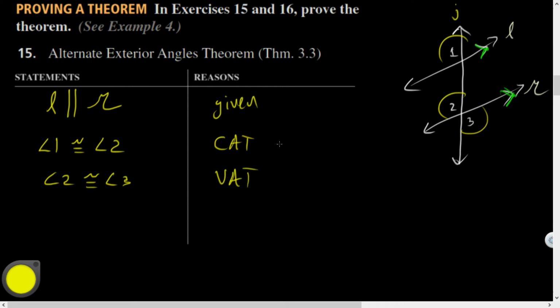And then I think I can now say that angle 1 is congruent to angle 3. Looks like some sort of transitive property of congruence. If 1 to 2 and 2 to 3, then 1 to 3. And I think that's what I set out to prove with alternate exterior angles being congruent. Lovely.